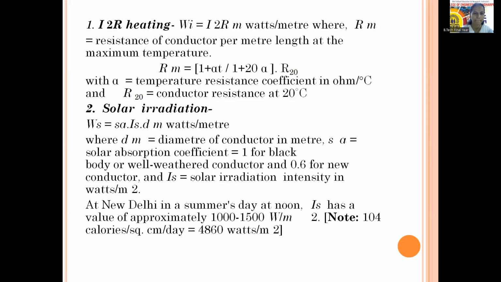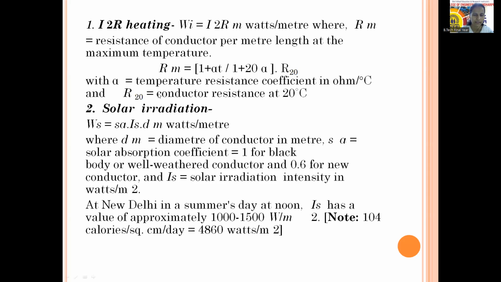Yes, visible. Now we are going to see how we calculate this heat balance equation. Firstly, the I square R heating formula, which is W_I equals I square R_m watts per meter, where R_m is the resistance of the conductor per meter length at maximum temperature.